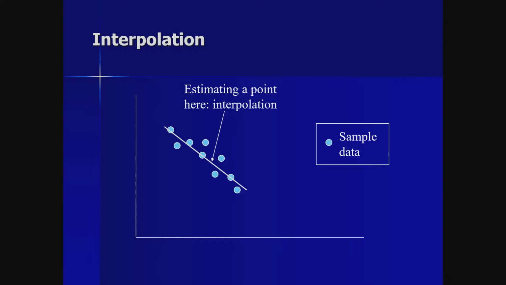So interpolation would be coming up with values at any unknown location. At any unknown location, you have a bunch of empirical measurements, and the values at the unknown locations are interpolation.